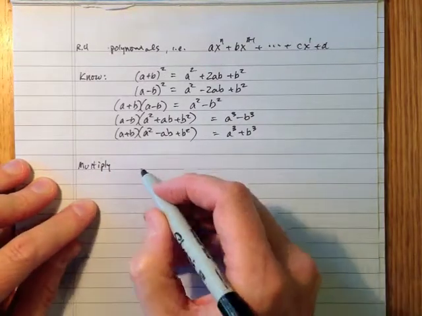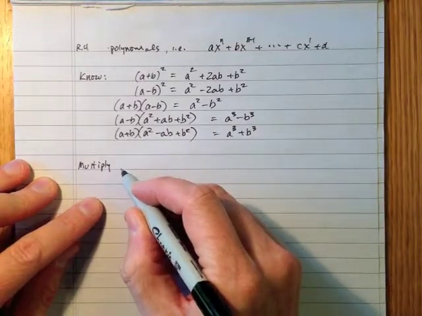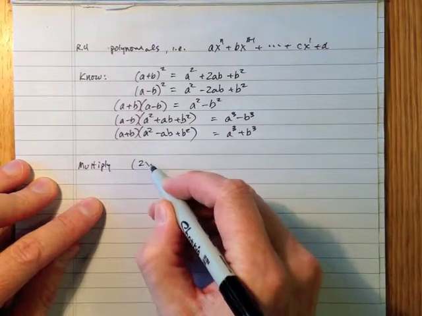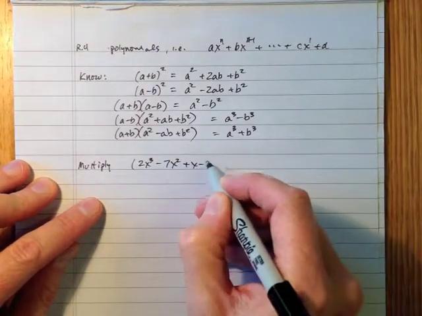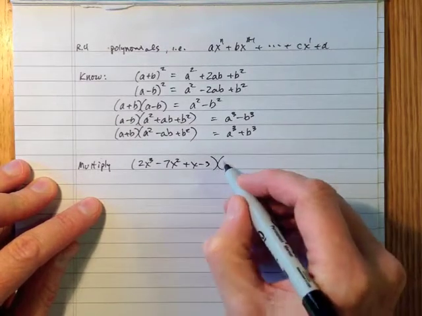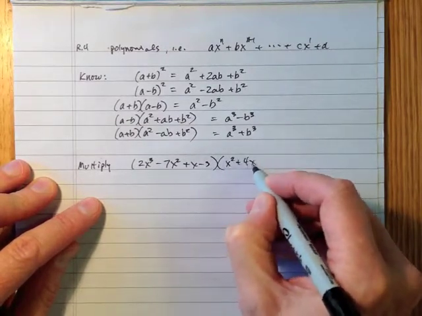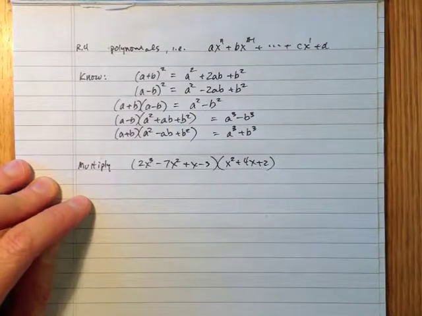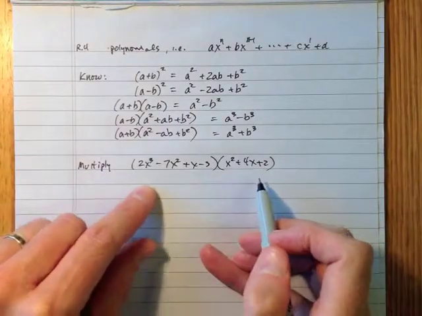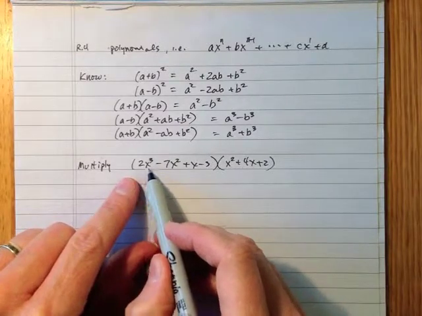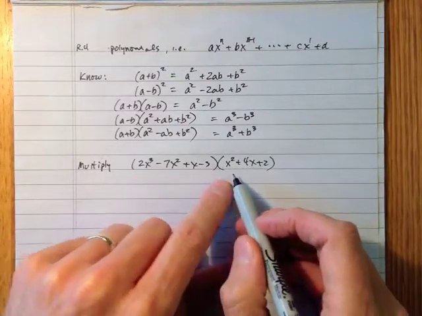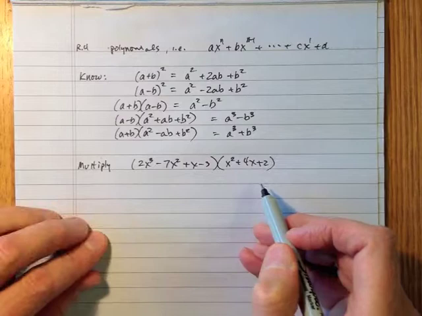Let's suppose in an example they want me to multiply, say, 2x cubed minus 7x squared plus x minus 3 times x squared plus 4x plus 2. To multiply out two polynomials means that every item in the first set of parentheses has to eventually multiply every item in the second set of parentheses.